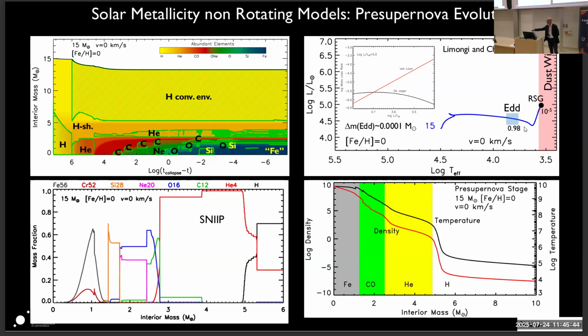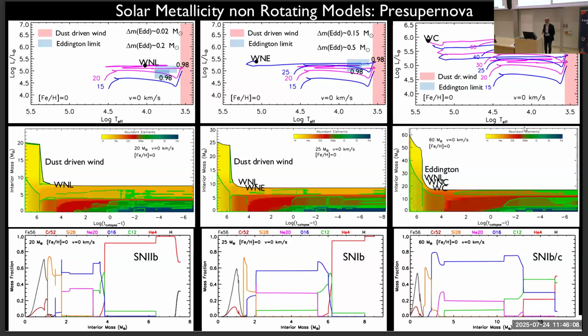But in this case, this phase is reached at the very late stages of helium burning, so there is not much time for the star to lose enough mass in the following stage. So this star explodes as a red supergiant. This is a typical temperature and density structure of a red supergiant star at the time of the explosion.